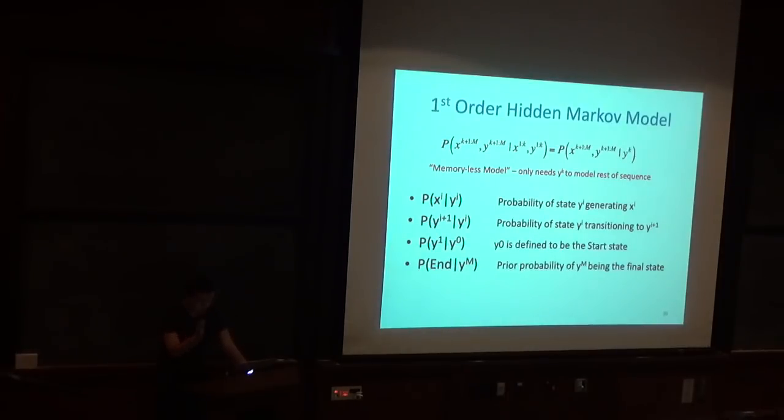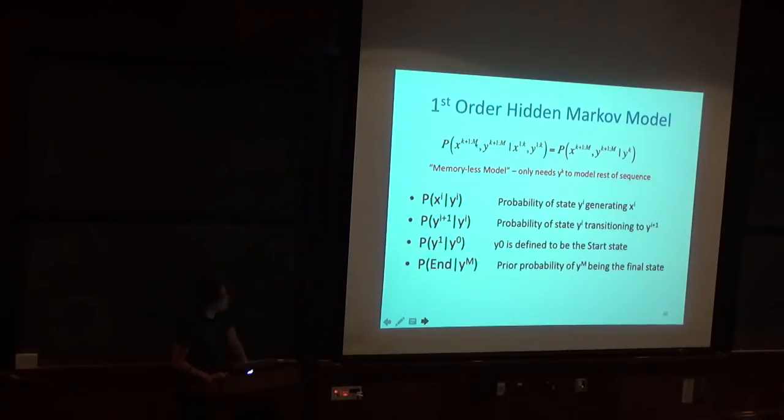Okay, so let's just take stock of where we are right now. What we've seen up to this point is the first order hidden Markov model. It is fully specified by these 4 probability tables, and they are multiplied together to model the joint probability of an xy pair, where x and y are input and output sequences respectively. It is considered a memoryless model in the sense that you only need to know y_k to model the rest of the sequence.